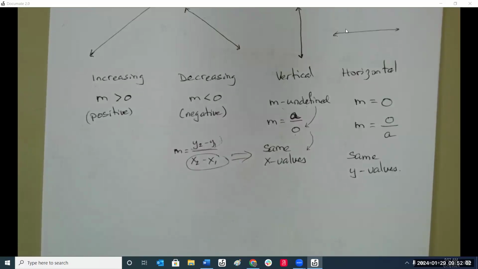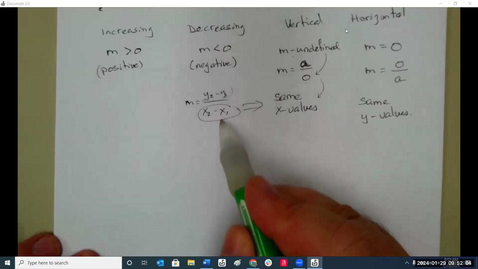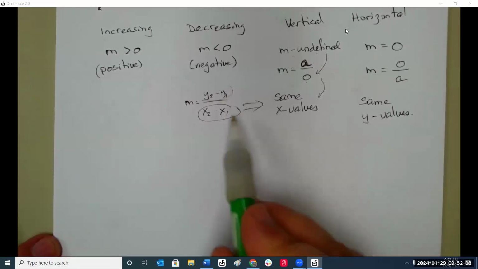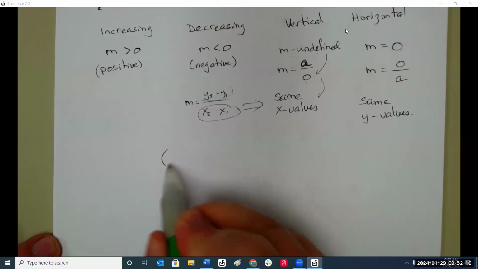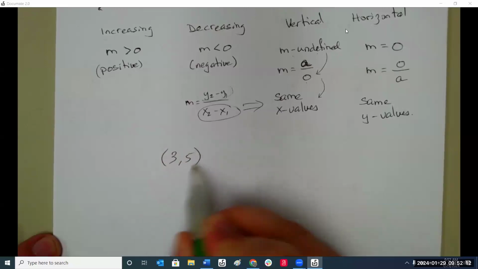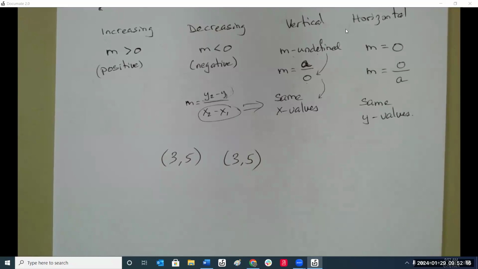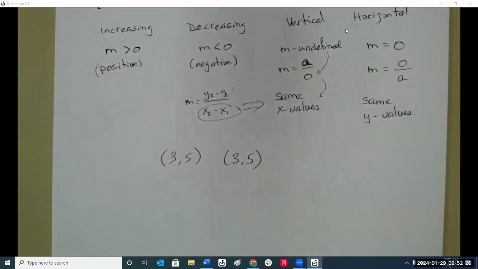The only way this can be zero is what? If y's are the same, right? Or if x's are the same. So basically, if we had something like it's the same point. If you only have one point, then you have no slope because you only have a point.